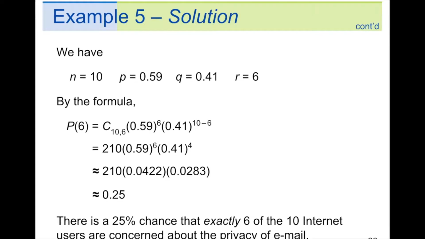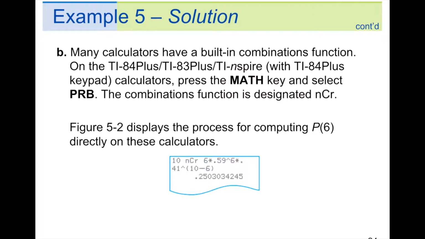So there is about a 25% chance that exactly 6 out of 10 internet users are concerned about the privacy of email. Many calculators have a built-in combinations function on the TI-84 Plus, TI-83 Plus, TI Inspire with TI-84 Plus keypad.